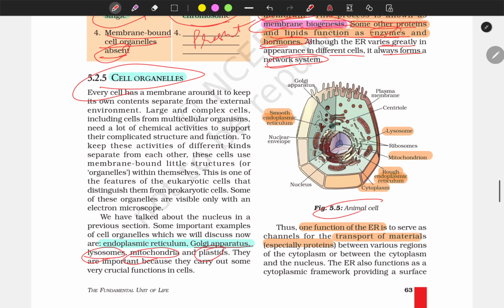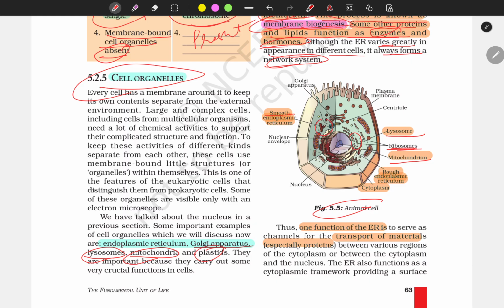So this is a pictorial representation of the organelles. Lysosome, mitochondria, ribosome are there. You can see this is a rough ER, and there is a dot structure on the ER. That is why it is rough, and those dots are the ribosomes, and cytoplasm is this.